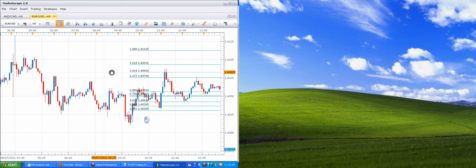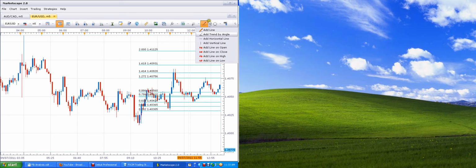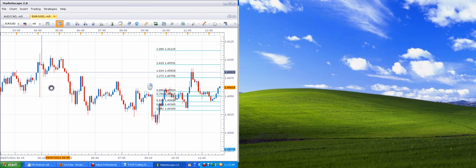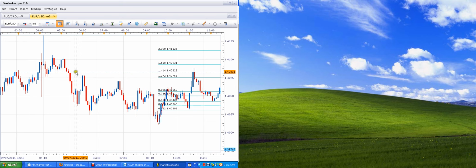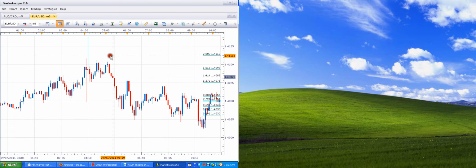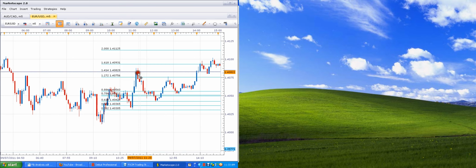You can also see, if you look left and you drop in a horizontal line there, that that was right at a support level. So as you see, this is not only dealing with an extension and a counter trend opportunity, but it's also dealing with confirmation of a support zone.